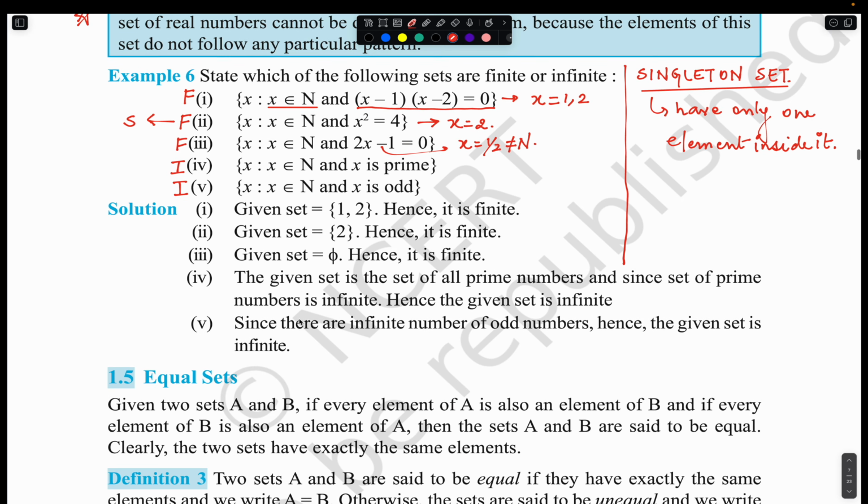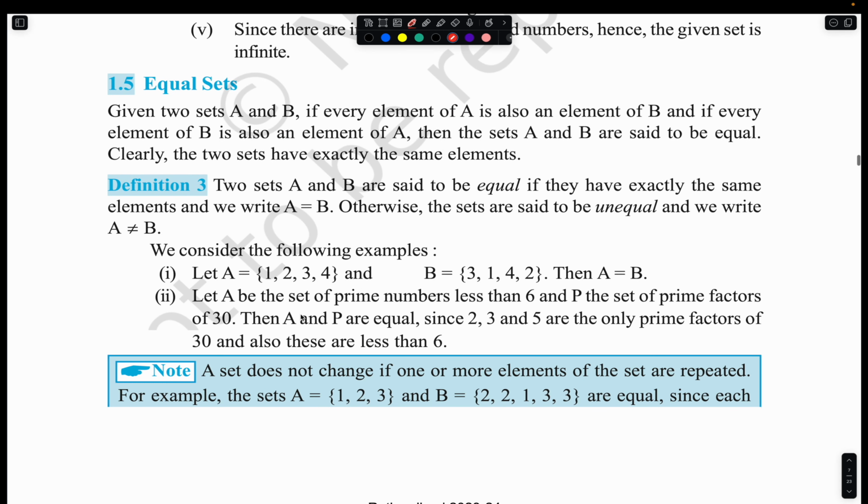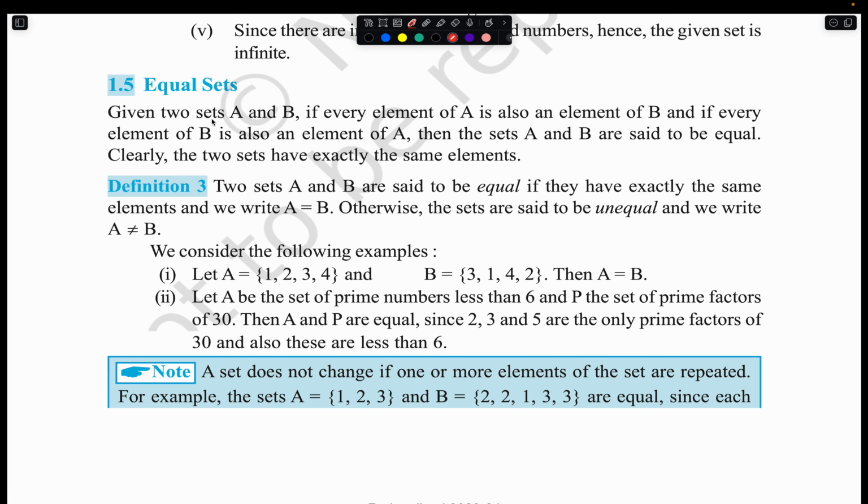All right. Now let's go for equal sets. Given two sets A and B, if every element of A is also an element of B, and if every element of B is also an element of A, that means all the elements of set A are there inside set B, and all the elements of set B are there inside set A, then the sets A and B are said to be equal.